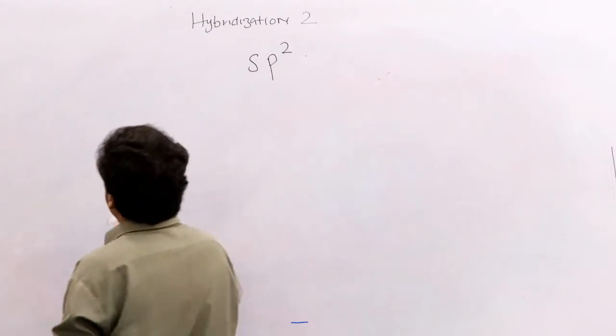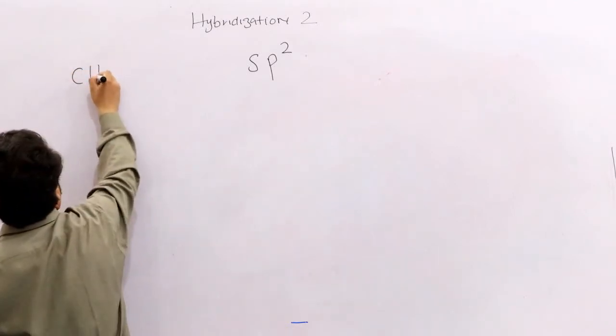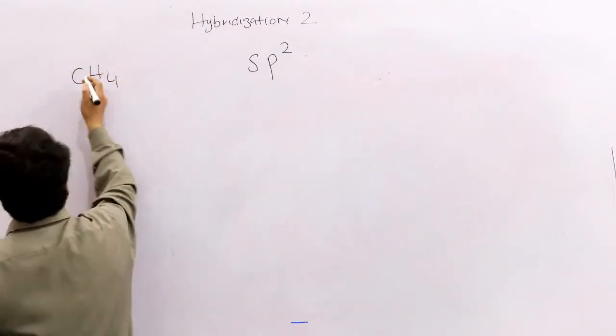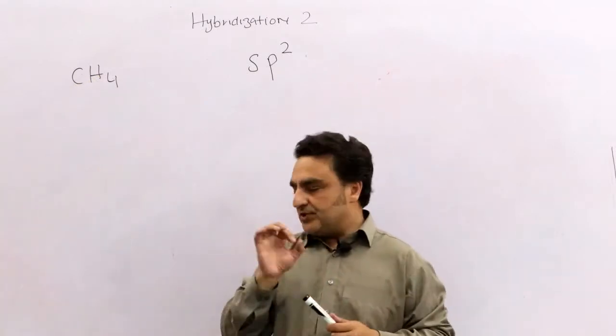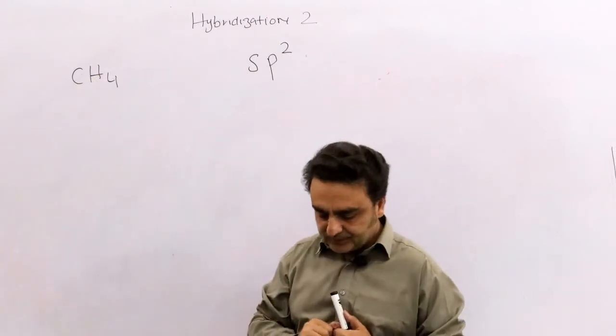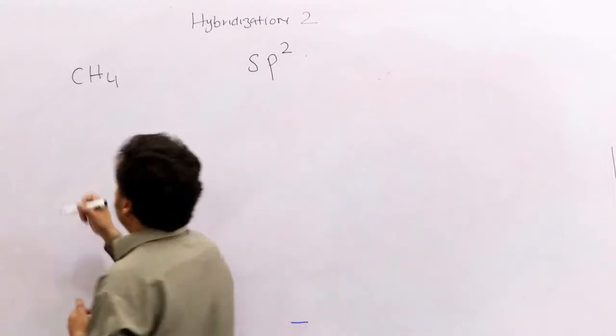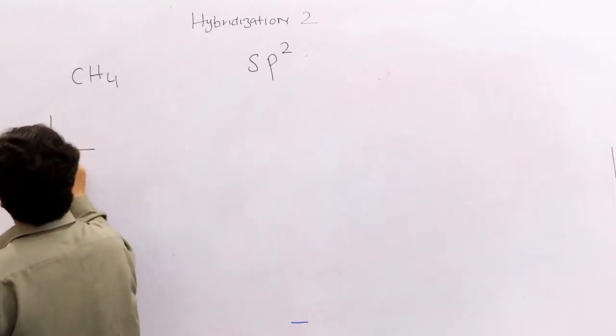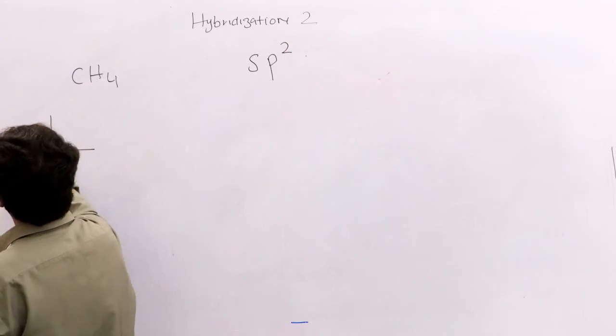First we explained the CH4 molecule. All the C-H bonds are sp3 hybridized, and it was formed like this. It is 2s and it is 2p.